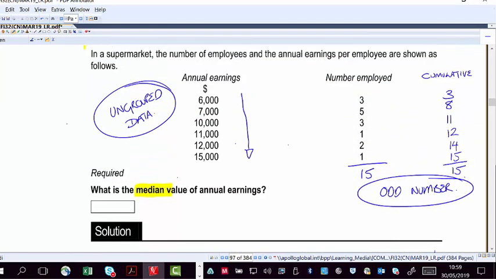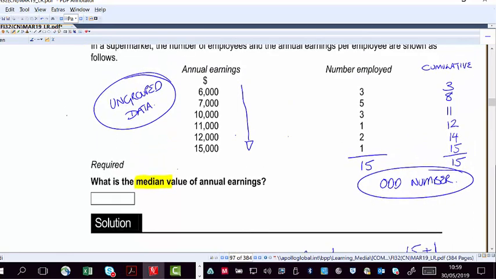If we go back up to the information, we want to see what the 8th item recorded is. If you think about recording all 15 separately from the lowest, which is 6,000, up to 15,000, which is the highest, and we plotted them all out separately, when we get to the 8th item, that is the middle item of the data set.